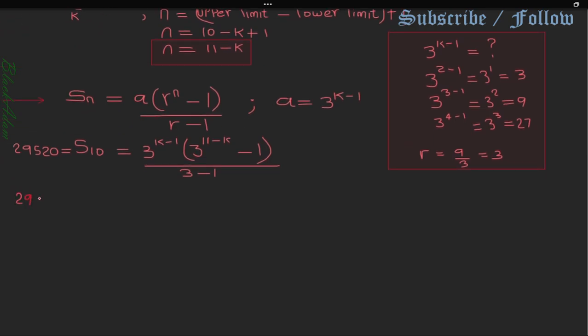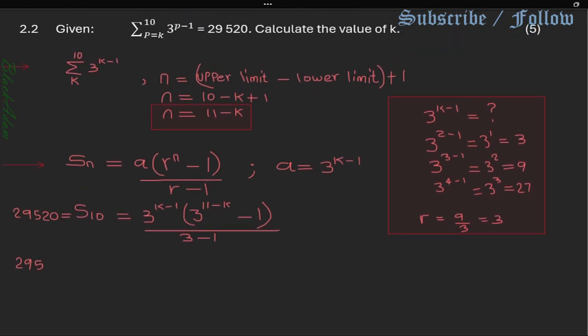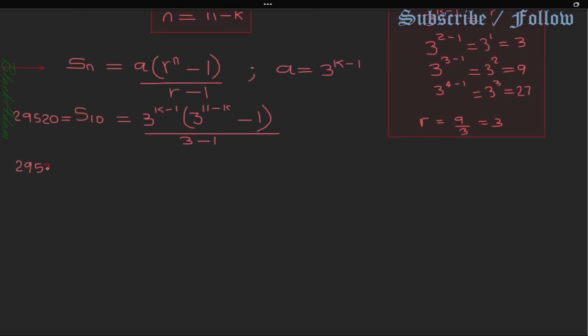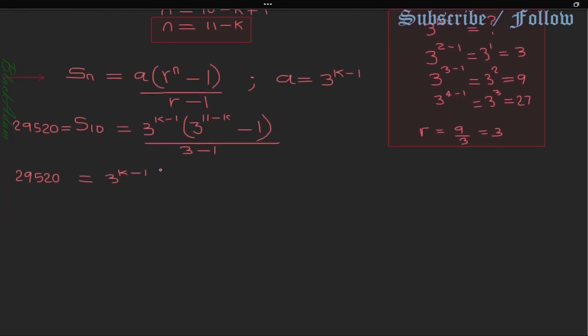And we're going to use the calculator. 29520 is equal to 3 to the power k. Remember the base is the same, so we add the exponents: 3 to the power k plus 11 minus k, minus 3 to the power k minus 1, all over 2.